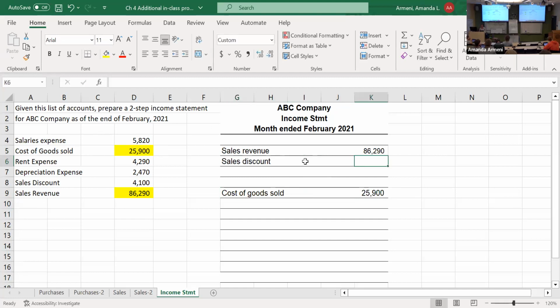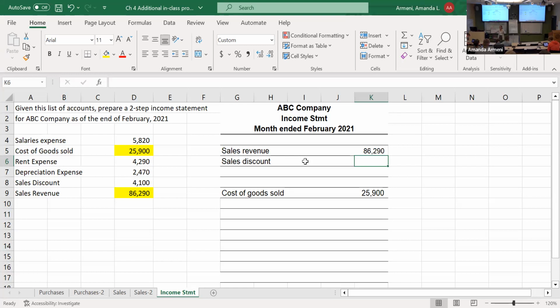So remember when we prepared a balance sheet in chapter 3, we were trying to figure out, well, where do we put accumulated depreciation? We said, if accumulated depreciation is a contra asset, it should go right next to the asset that it belongs to. Same thing here.